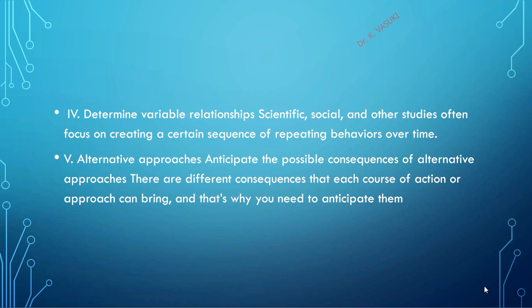In the formulation of research, we have to determine variable relationships scientifically, because in research we are going to adopt the scientific method, which means a step by step process. One after another has to be performed. We cannot skip the steps. So we have to be very focused about it. In any problem, all the factors, social factor, economic factor, educational factor, cultural factor and political factor, have an influence.